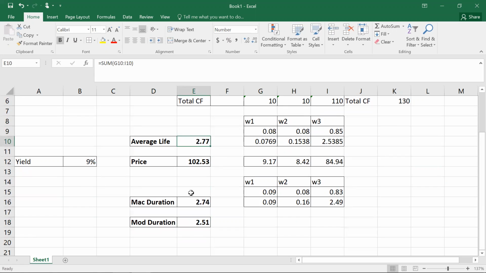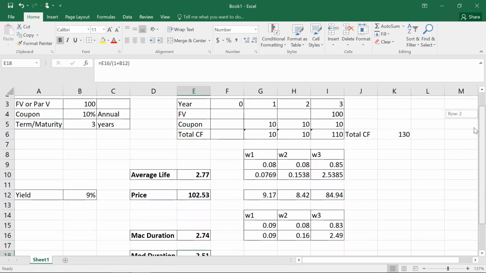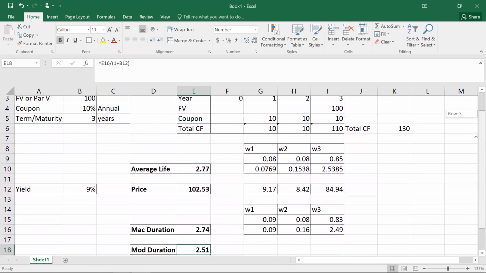You can calculate these durations not only for fixed income instruments or bonds, but also for loans, because you can always find out the cash flows of the loan, you can always present value them, and you can always find out the modified duration of even the loans. This is one way that I derived the modified duration.